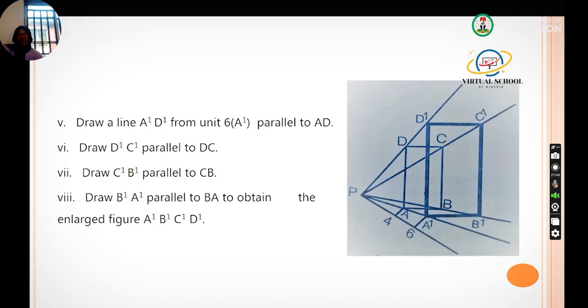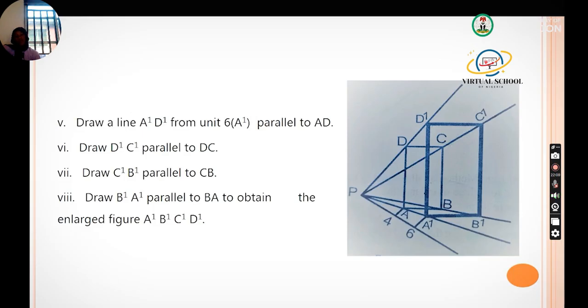So you have to be careful, study your diagram very, very well before you attempt these questions or any question given to you. Next is to draw D1, C1 parallel to DC. I already said it. D1 parallel to what? DC. So D is parallel to D1. C is parallel to C1.